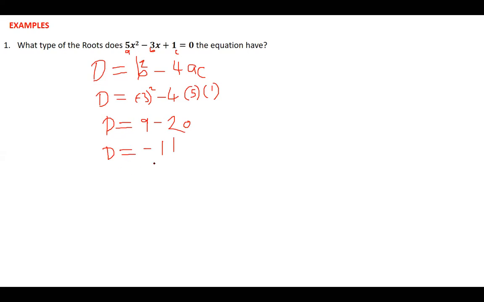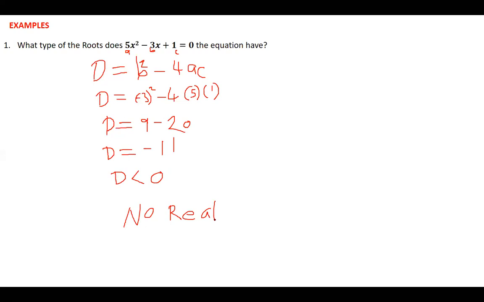So this negative 11 is less than 0, meaning our D there is less than 0. And what does it mean when D is less than 0? It means it has no real roots. So you just conclude that it has no real roots, or rather you just write imaginary roots. It is just as simple as this.